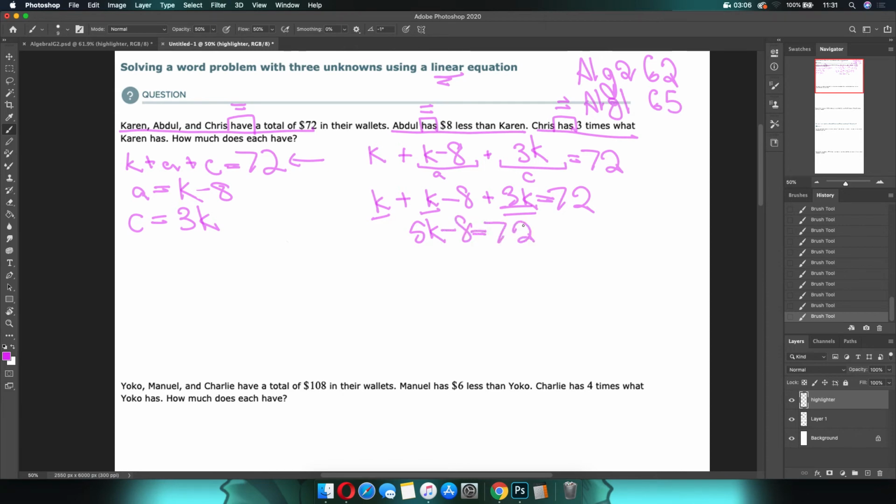And from here, this now looks a lot more comfortable because this is just a 2-step equation. So plus 8, 5K equals 80, divide by 5, divide by 5. K equals 16. So when we're looking at this, Karen has $16.